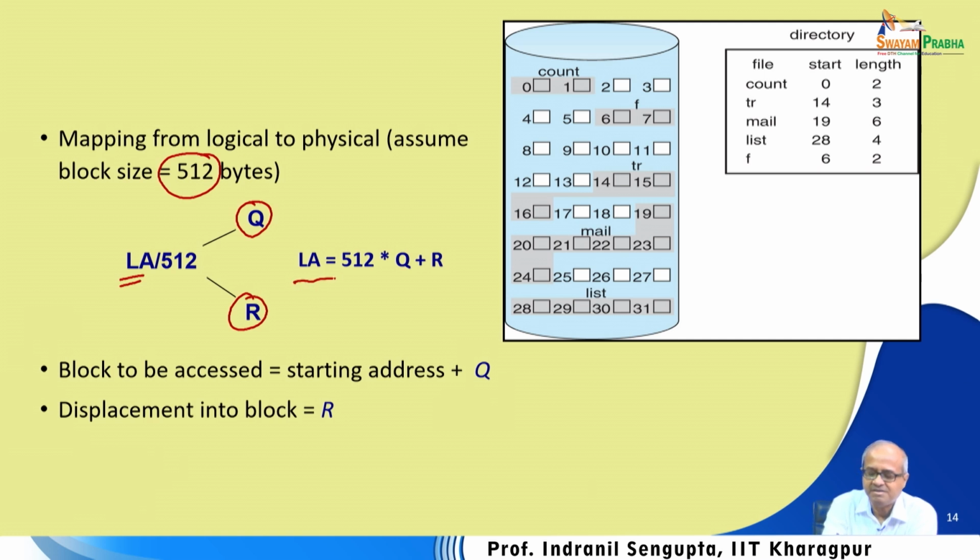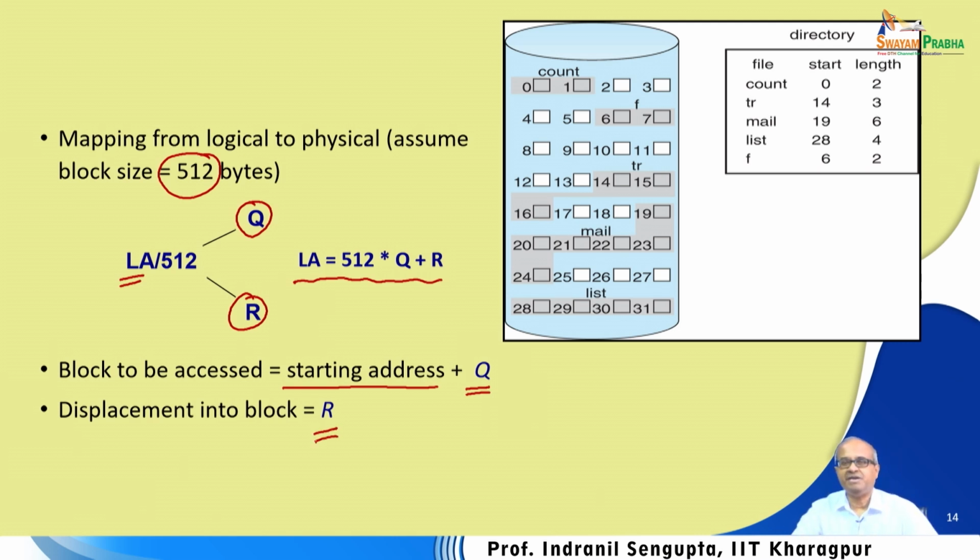So, Q will be the block number and R will be the offset within that particular block. The block to be accessed will be, from the starting address, you go to the Qth block, and inside that block the offset or displacement is R.